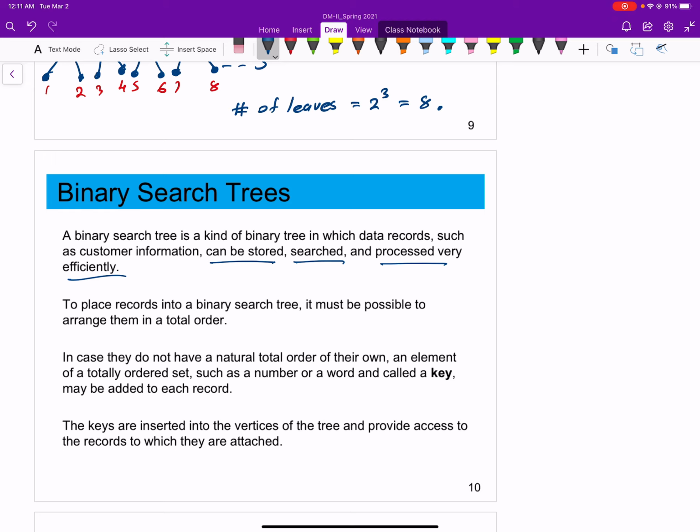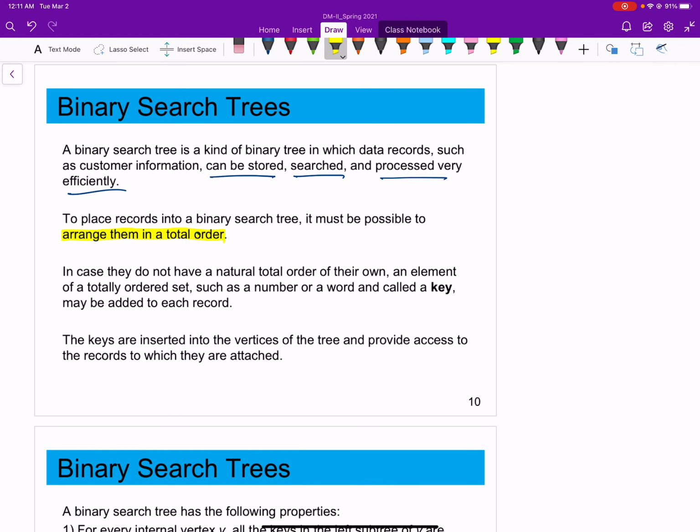To place records into a binary search tree, it must be possible to arrange them in total order. That means you can just sort a given set of elements.